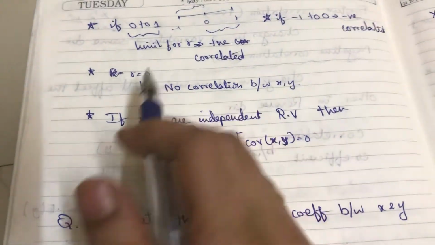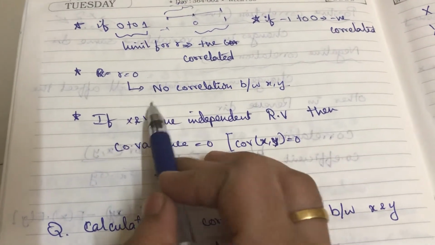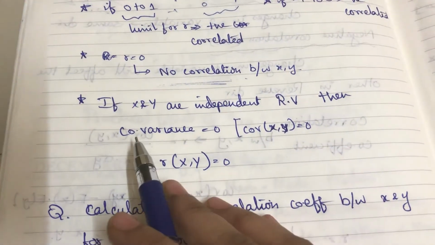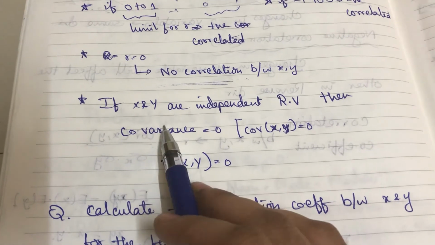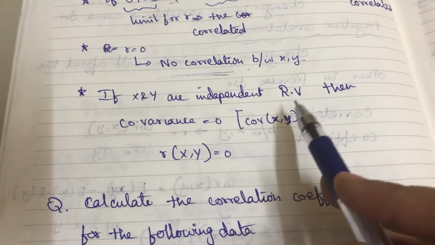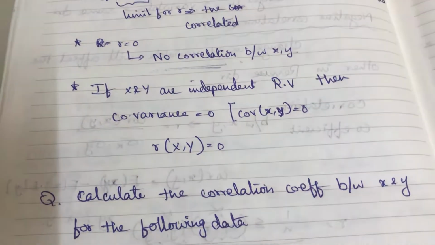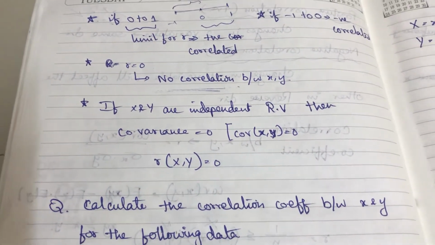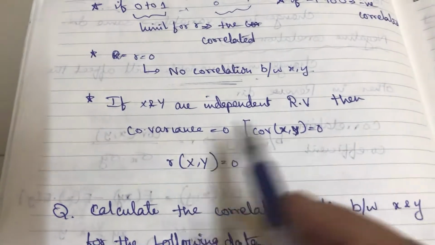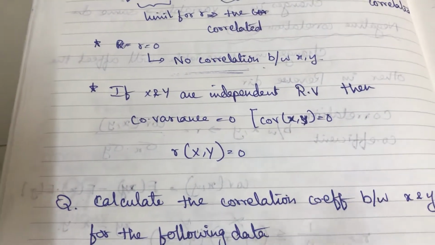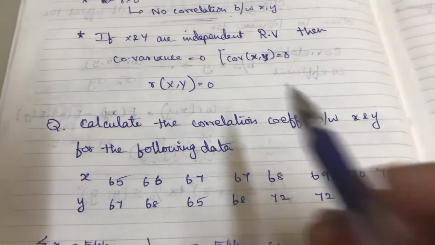Then r equal to 0 means there is no correlation between x and y. If x and y are independent random variables, then the correlation will be 0, because they are independent, which means there is no relation. So correlation is 0, covariance is also 0, and r is 0, right?